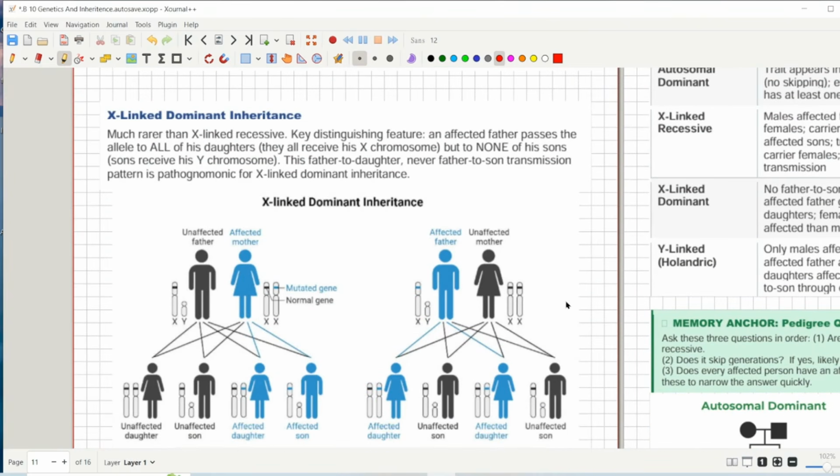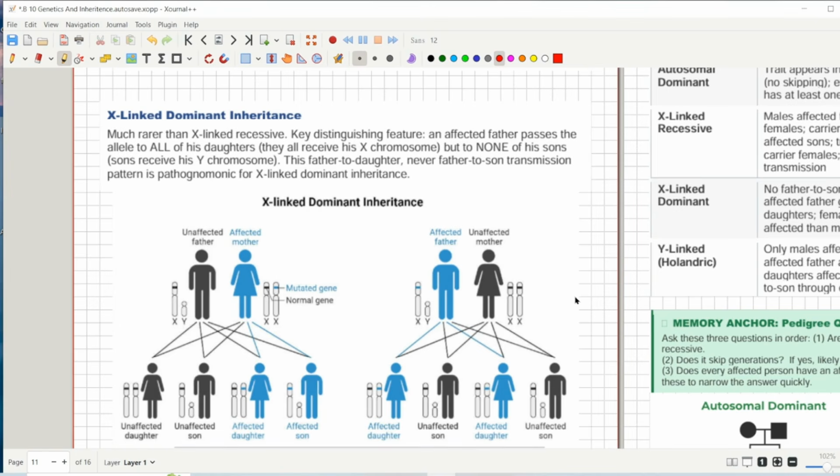X-linked dominant traits are much rarer than X-linked recessive traits, and they can pass from a father to all of his daughters, since they all receive his X chromosome, but no son will be affected. So it goes directly from father to daughter and never from father to son.